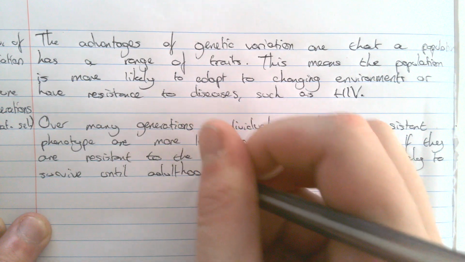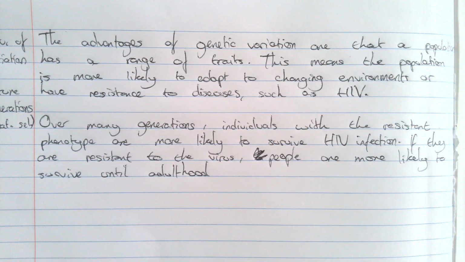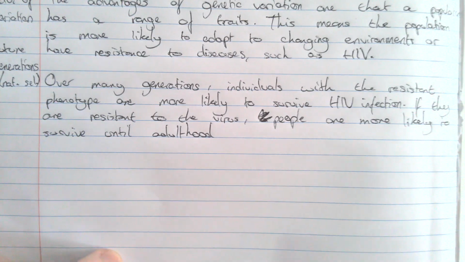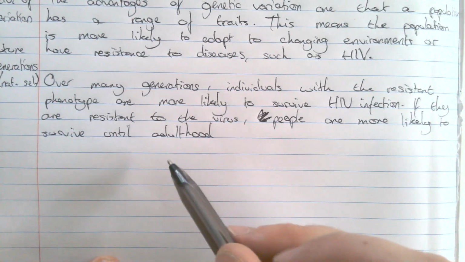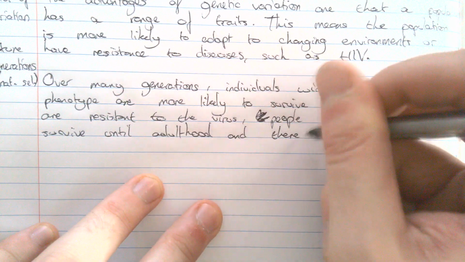Although technically speaking, in the wider animal kingdom, plant kingdom, this would be sexual maturity, but the same idea basically. Are more likely to survive until adulthood, and therefore reproduce.